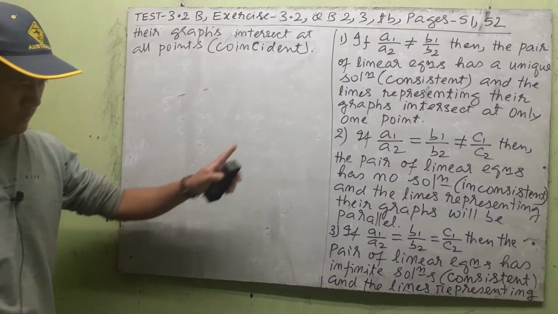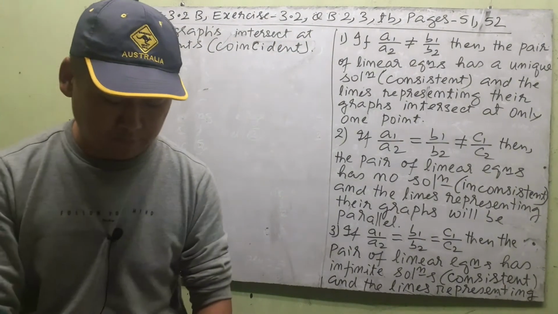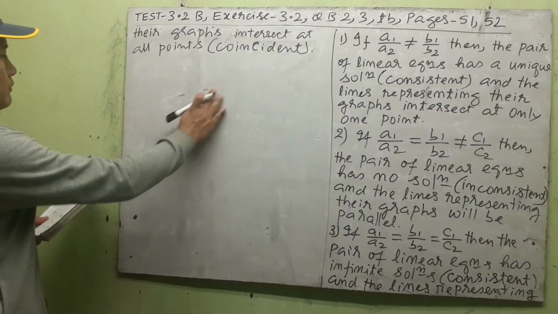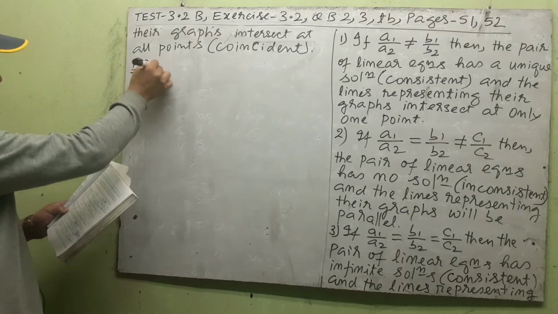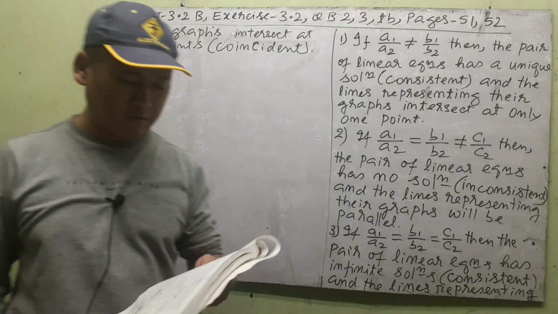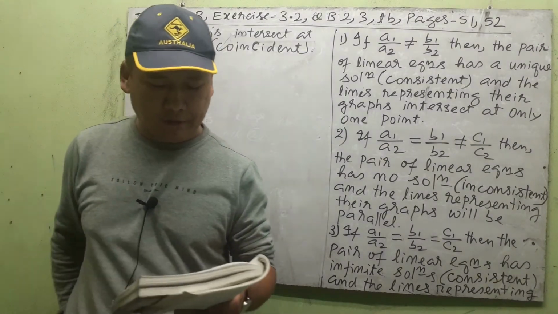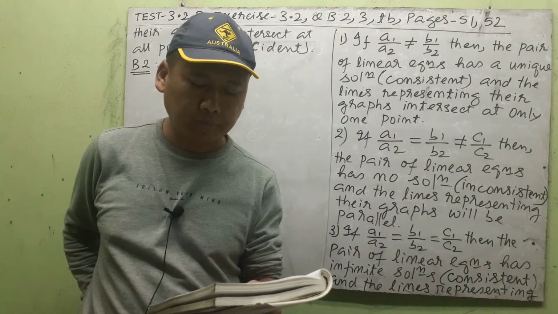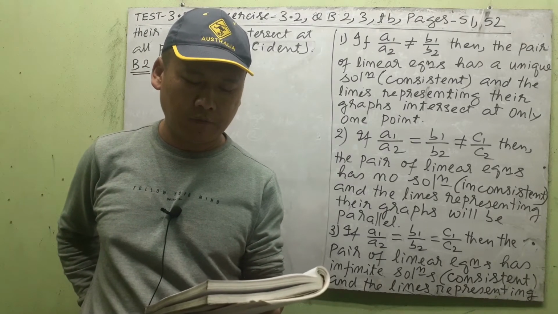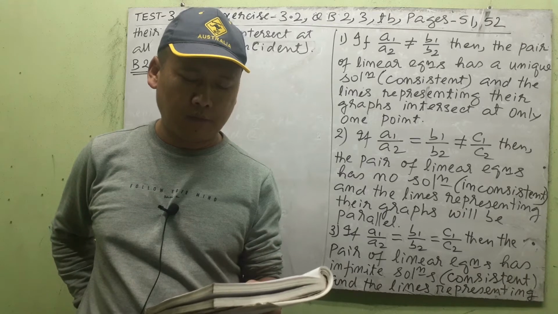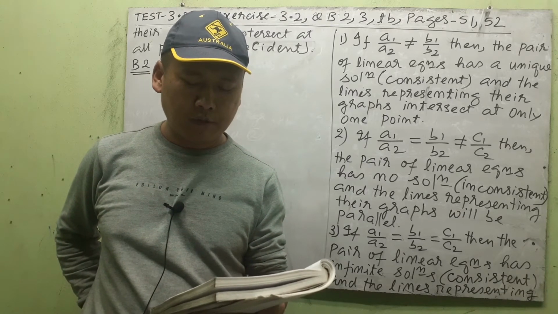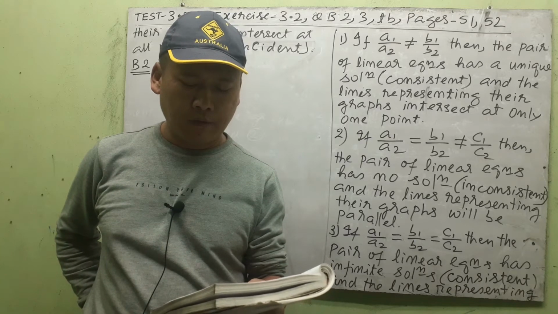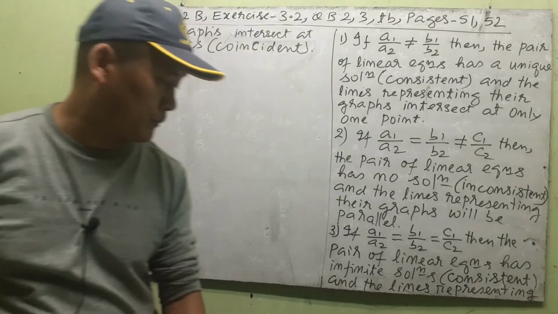So with these three conditions in mind, we'll do question B1 and B2. Okay, so B2 and B3, sorry, B2. Let us do that first. Page 51. Let me read the question once. On comparing the ratios a1 by a2, b1 by b2, and c1 by c2, find out whether the lines representing the following pairs of linear equations intersect at one point, are parallel or coincident.